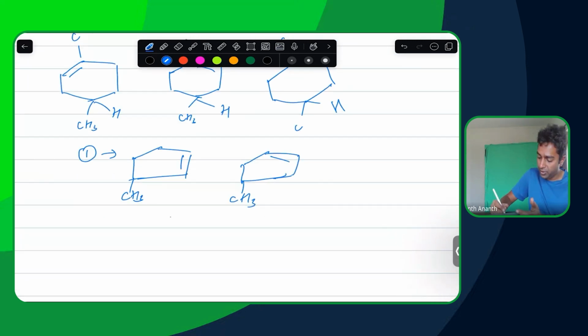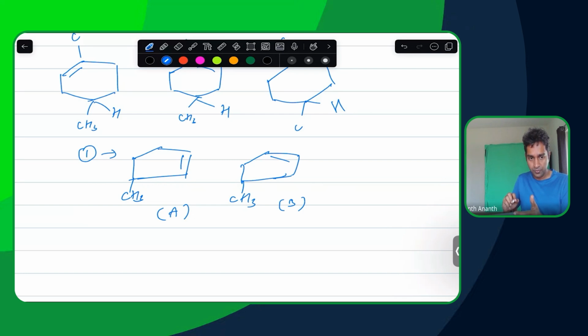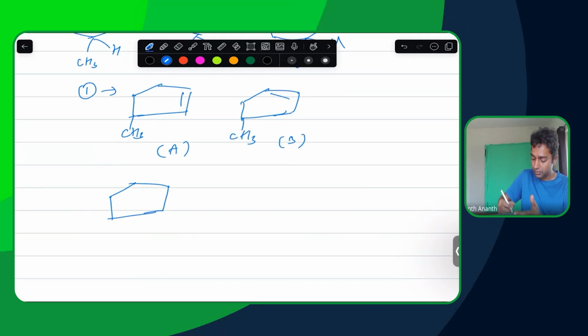One like this can be A and B, right? So A and B are settled. But C and D are to be enantiomers. Why will they not be enantiomers? Because the methyl carbon is fixed, right? This is in a fixed conformation. So let's call it R conformation.